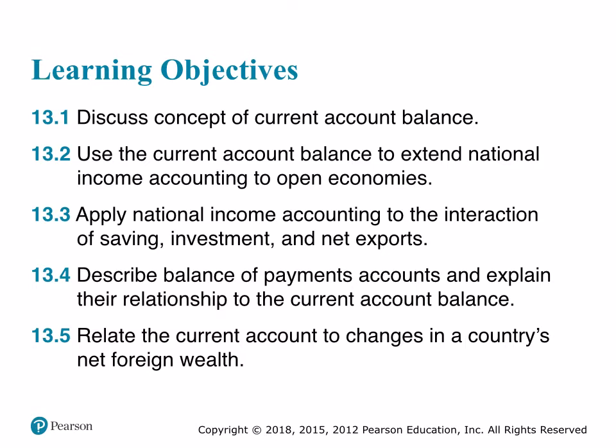I will also describe the balance of payments accounts and explain its relationship to the current account balance. We will also discuss how changes to current account affects United States net foreign wealth.